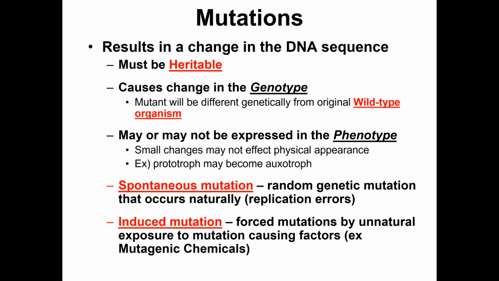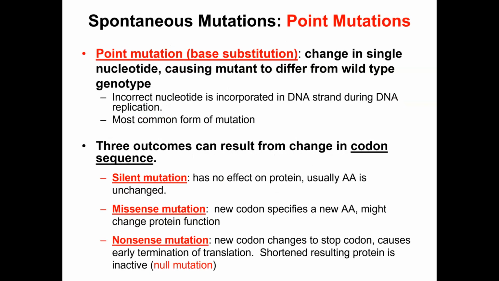You may not be familiar with chemical mutagens, but I guarantee you're familiar with ultraviolet light and what it does to your skin. Sunburns are radiation burns. It's damaged DNA to the point where your body says, well, those cells are garbage. So we'll talk about that next time.